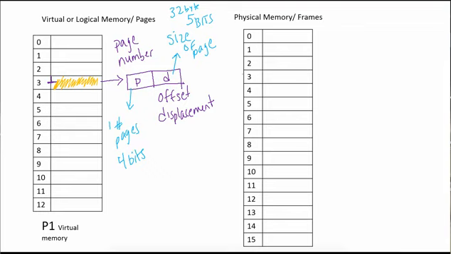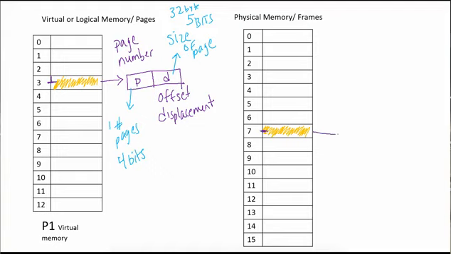Let's say frame number 7 is available. So we take page 3 and we put it into frame 7. Page 3 is now in frame 7, and what we need is actually at the offset within the frame, which is right here.